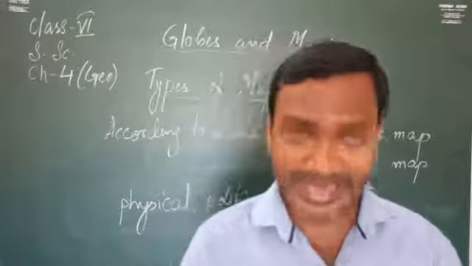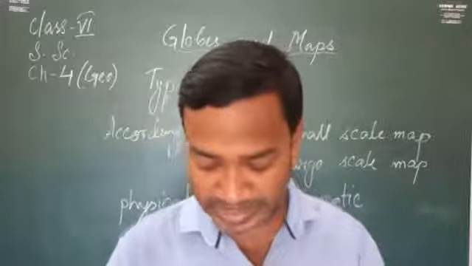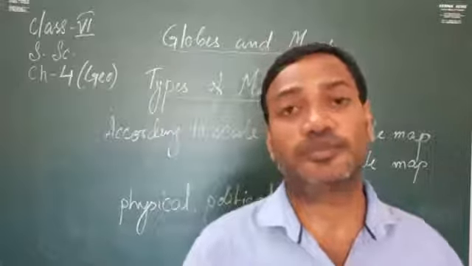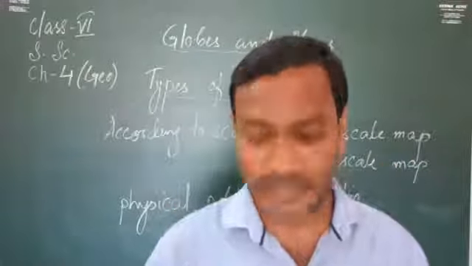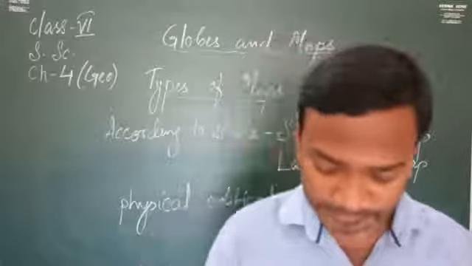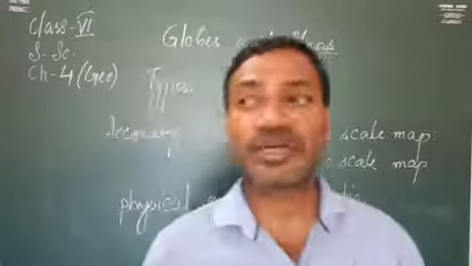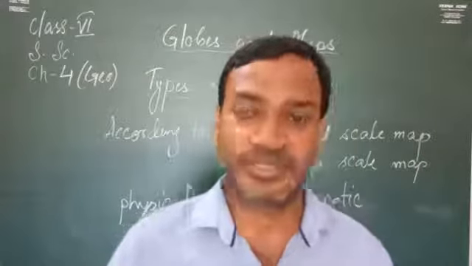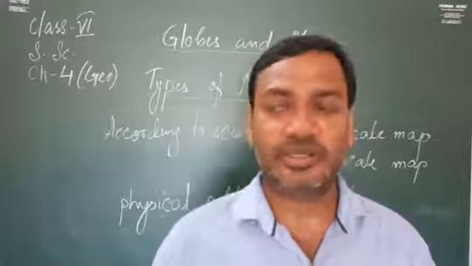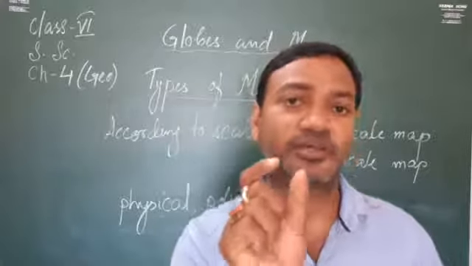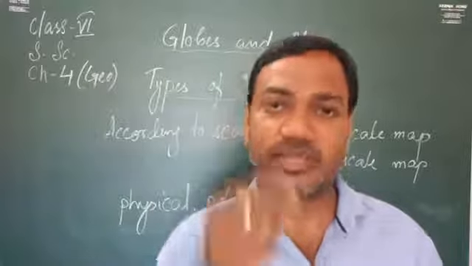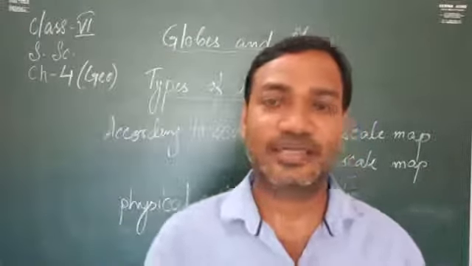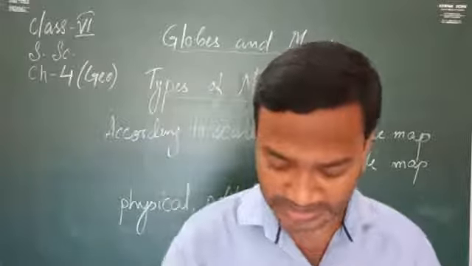The distance between any two places on a map, measured along a straight line, is called the map distance, and the distance we measure on the ground is called the ground distance. That is very simple. If we measure it on a map, it is the map distance, and if we measure it on land, it is the ground distance.